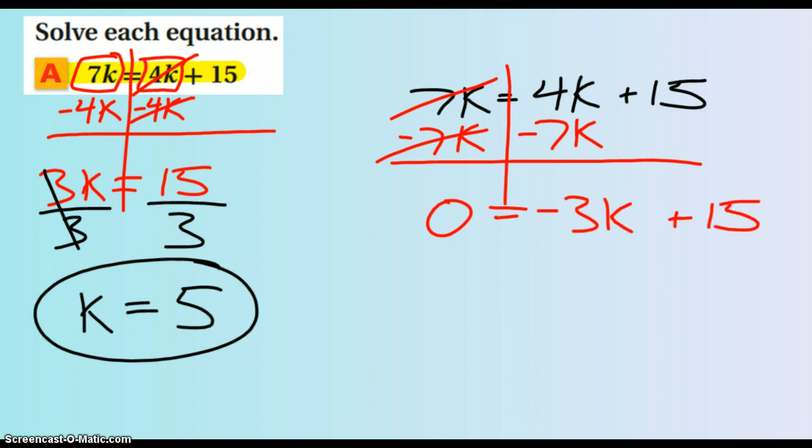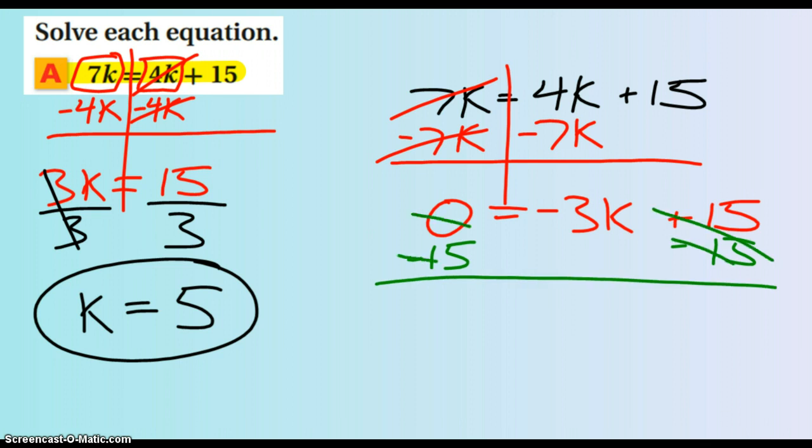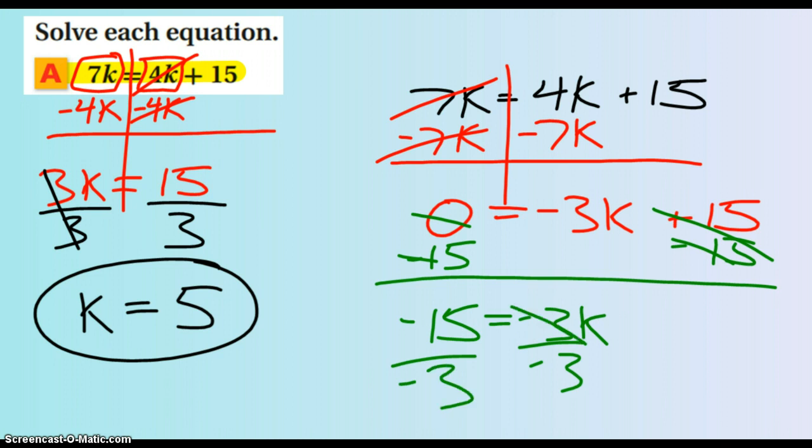And basically what you're going to do at this point is you've created a little bit harder of a problem. You want to now solve for k, so you would subtract 15 on both sides. Oops, sorry, that doesn't cancel. You get negative 15 equals negative 3k. And you're still going to come out, once you divide by negative 3, that k equals negative 15 divided by negative 3.